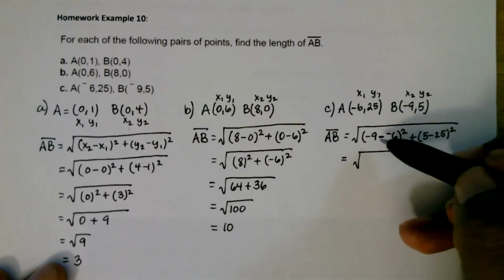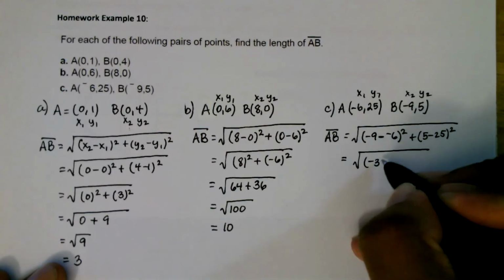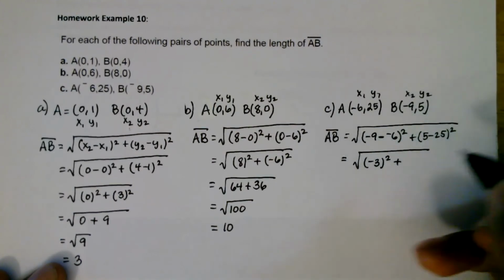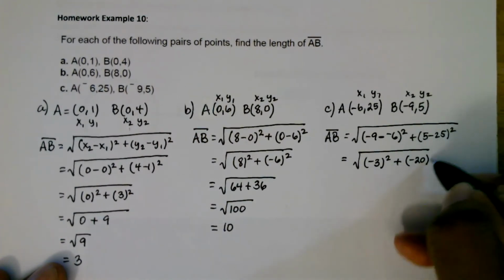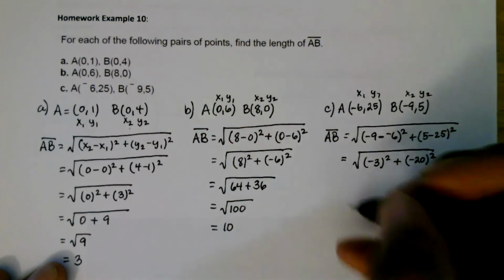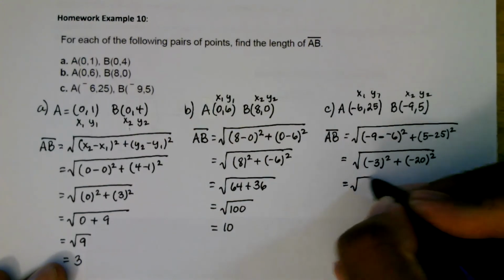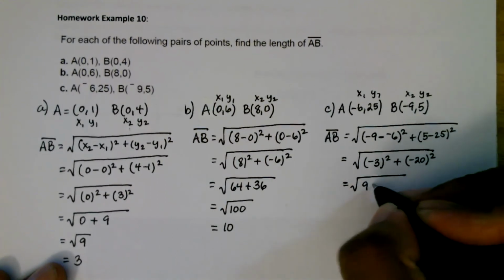Now, -9 minus a -6 would be -3, and that's squared. Plus 5 minus 25 will be -20, that too will be squared. -3 squared is -3 times -3, that's 9.